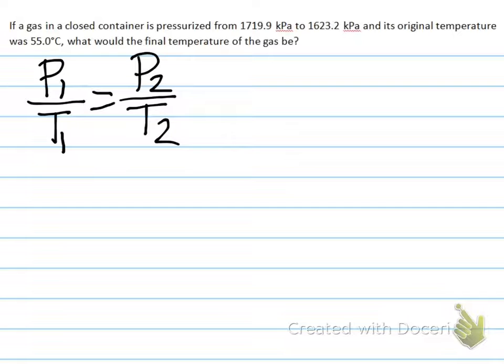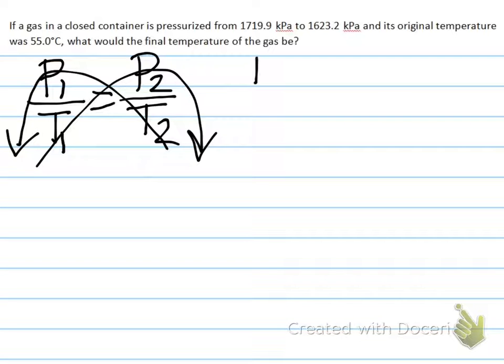So just like Charles's law, we are going to do cross multiplication. We can go ahead and do that first. That means we would get P1 and T2 equals T1 and P2. Since we're looking for T2, that will work out very nicely.